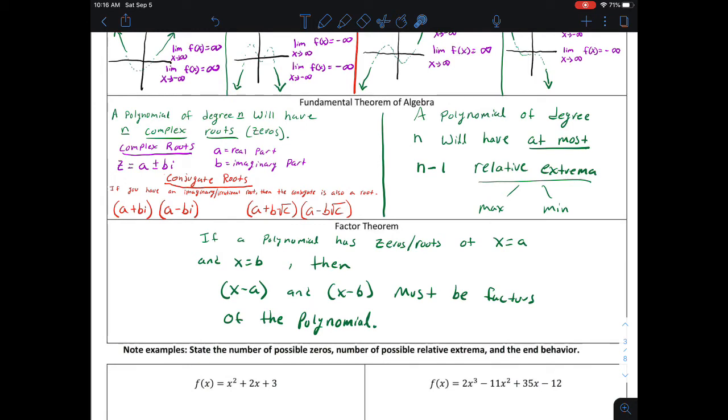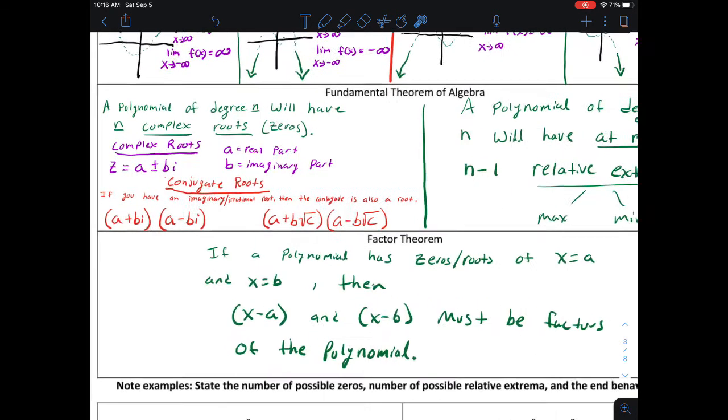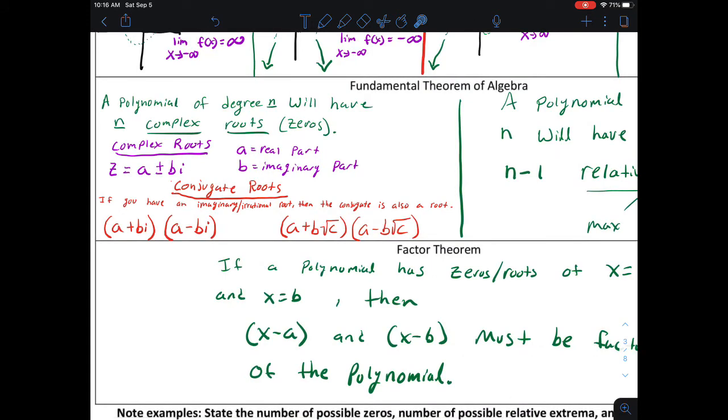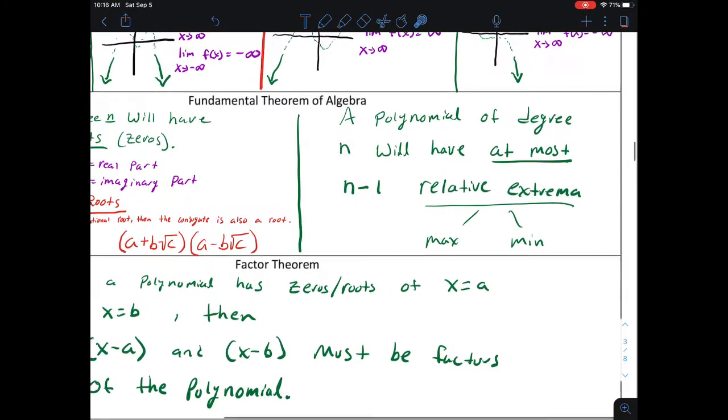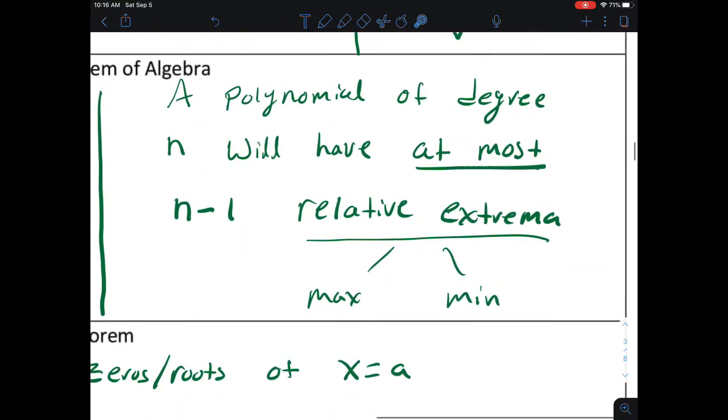Now we'll start talking about the fundamental theorem of algebra. The fundamental theorem of algebra allows us to make some assumptions about what is happening in the middle of the polynomial. The first part of it is that a polynomial of degree n, so the largest exponent, will have at most n minus 1 relative extrema, and that includes your maxes and mins.